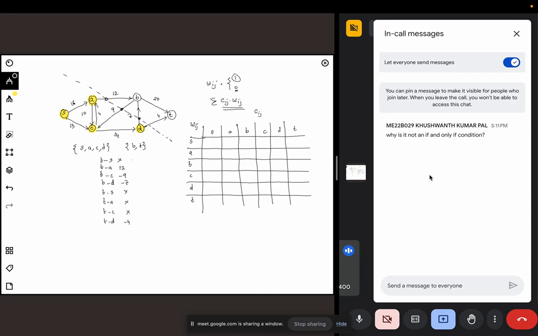So let's say if I write the Cij matrix, S to A, S to B, S to C, S to D. This part is clear to you, right? Whatever I'm writing here. A to A, A to B, A to C, A to D, A to T, B to S, B to A, B to B, B to C, B to D, and B to T. S to S, S to A, sorry.